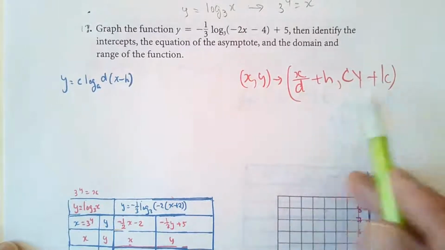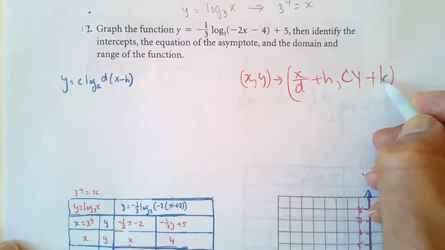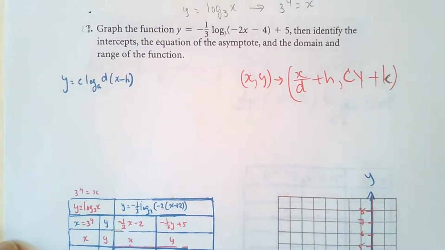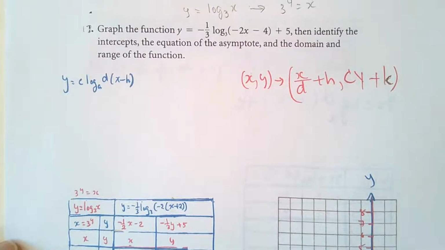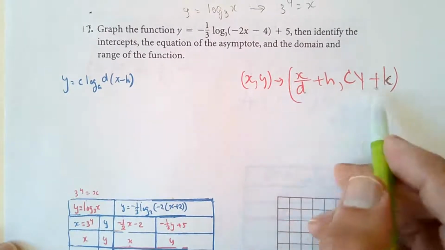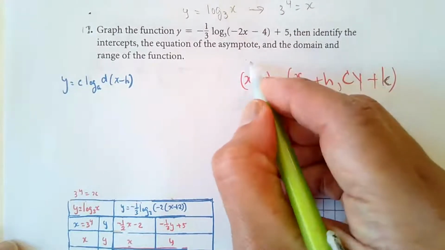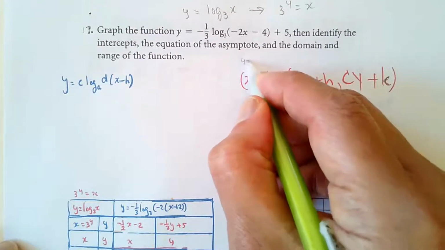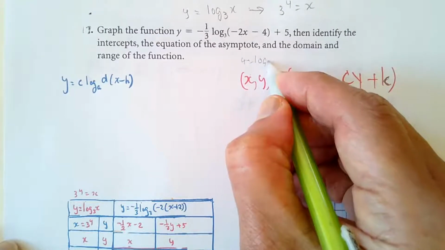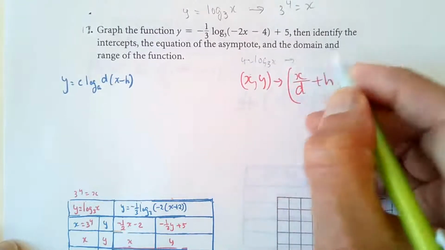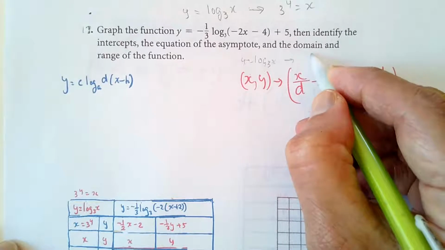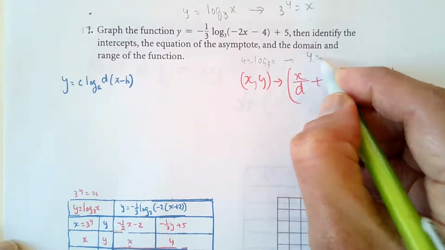So recall this is our general transformation. So this will be my table of values for y is equal to log 3x. And this will give me my transformation, negative.